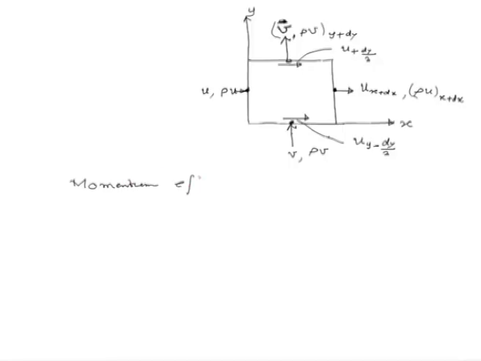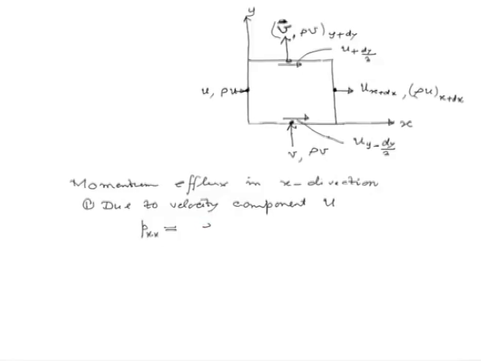So, momentum efflux in x direction, number 1, due to velocity component u which is in x direction. Let us call this as Pxx. So, what is the momentum going out?